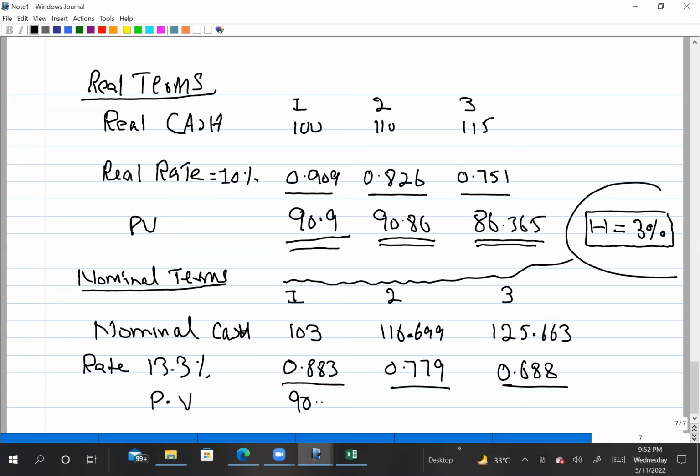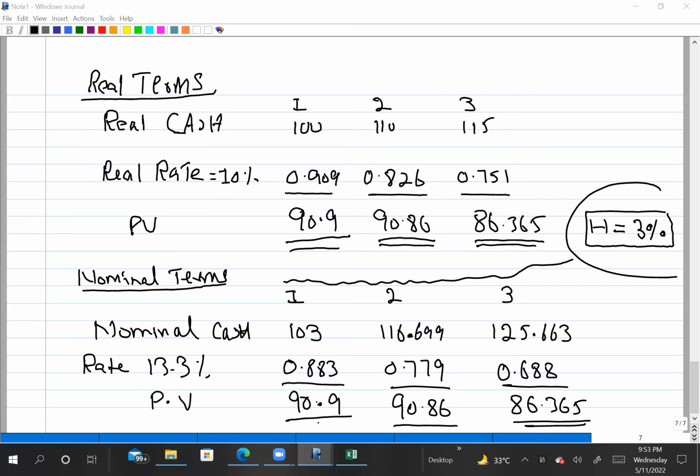So it will be 90.9. The second one, 116.699 into 0.779, it will be 90.86 almost, and it will be almost 86.365.